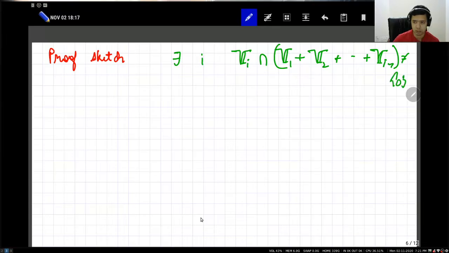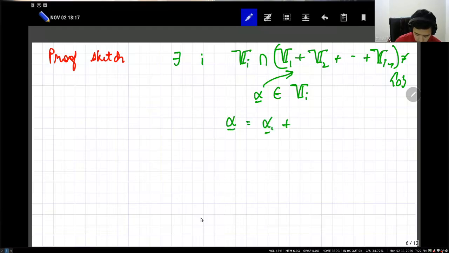So there exists some non-zero vector in this intersection. Let us call this alpha. This vector alpha belongs to Vi, and it also belongs to this sum. Since it belongs to the sum, I can write alpha as alpha 1 plus alpha 2 and so on up to alpha (i-1), where each alpha j belongs to Vj.